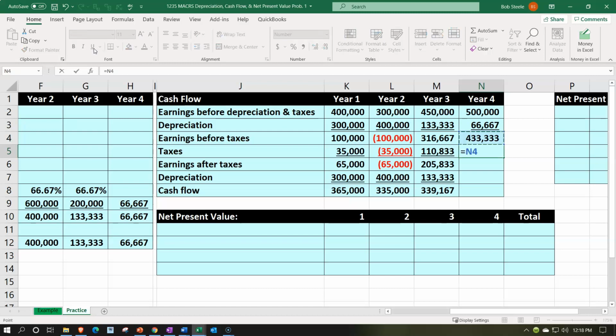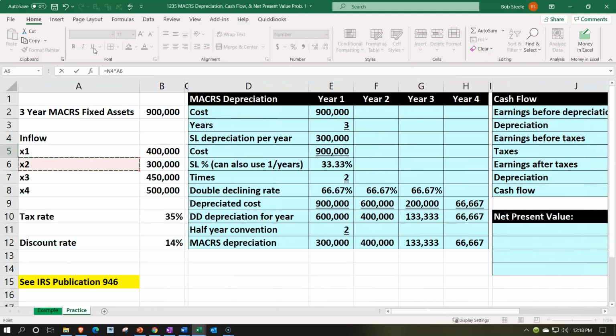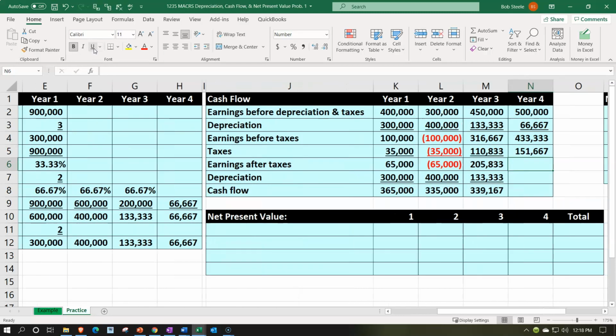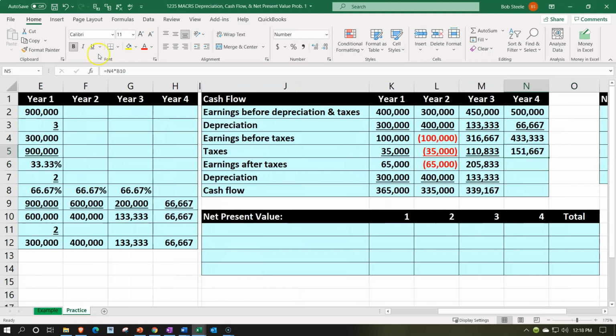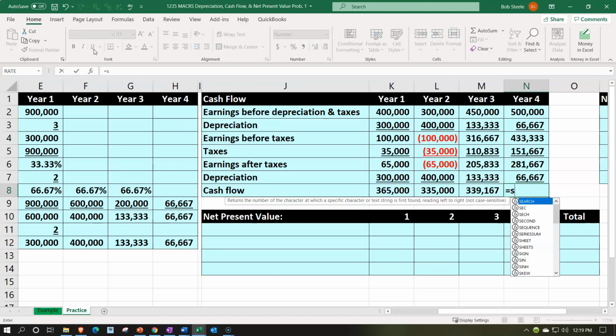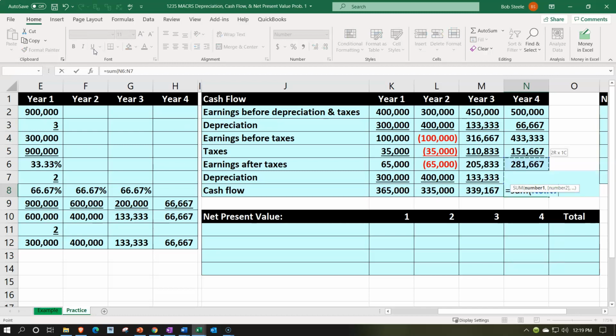Tax effect is going to be the 433,333 times the 0.35 over here, 35% on the tax rate. Underlining that, font group and underline, subtracting it out. We then have the 281. Let's add back the depreciation again, as has been our system here. Font group and then underline, and then the trusty equals SUM, S-U-M. So there we have it.